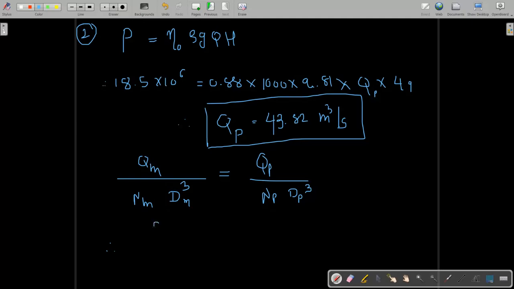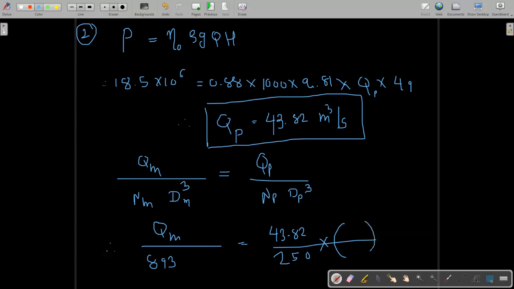So here we have to find, rpm of the model we know 893 rpm, and the discharge is 43.82. The rpm of the prototype is 250, and diameter ratio is 1 by 5 whole cube, okay.